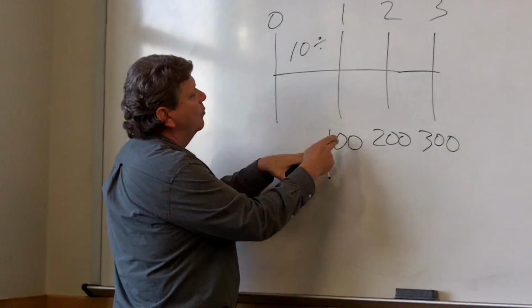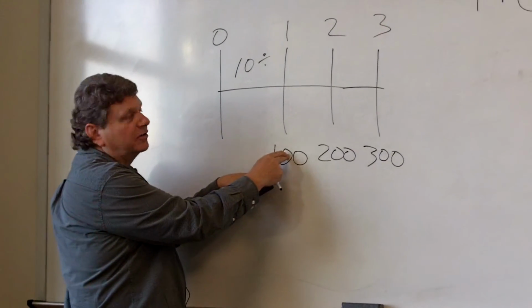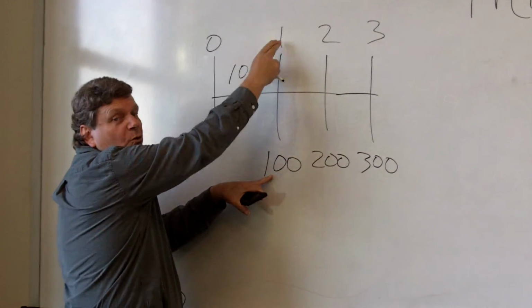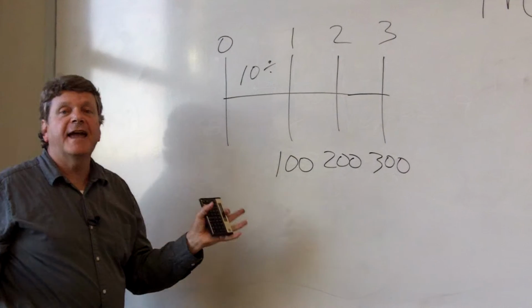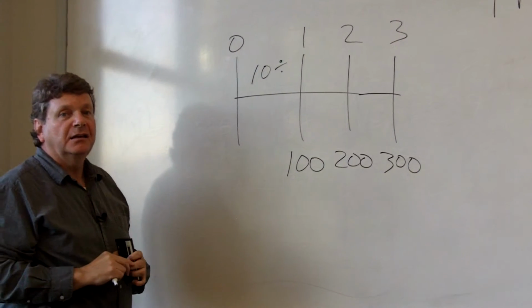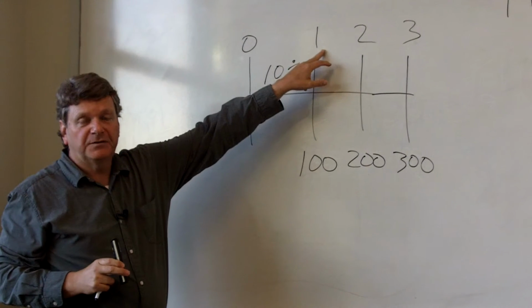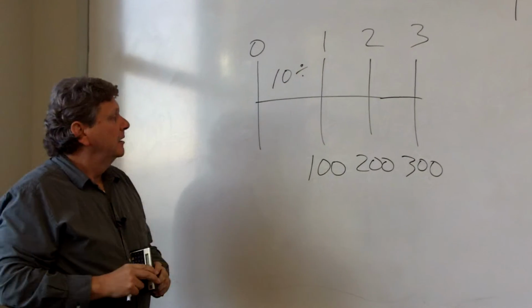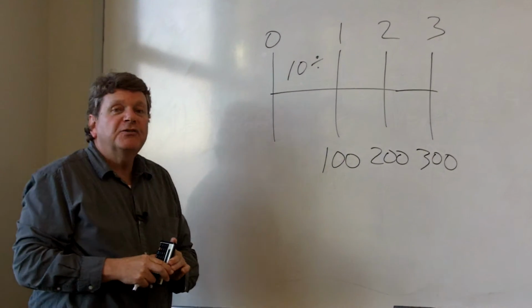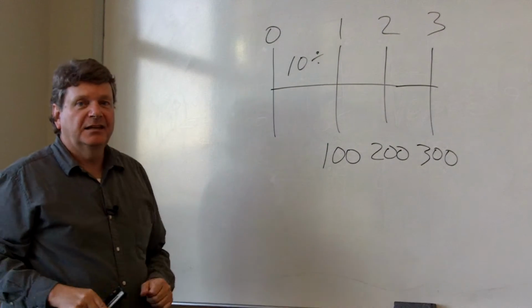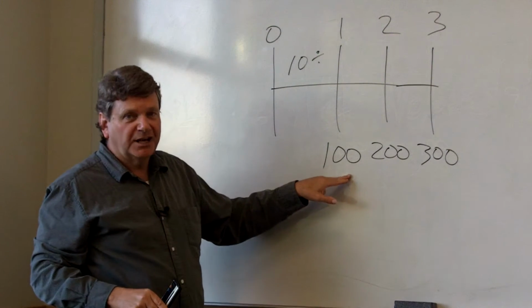So what is $100 received at the end of period 1 worth today? Another way to say that is what's the present value of $100 received in one period from now? Or another way to say it is how much would you need to invest today to get $100 at the end of period 1?